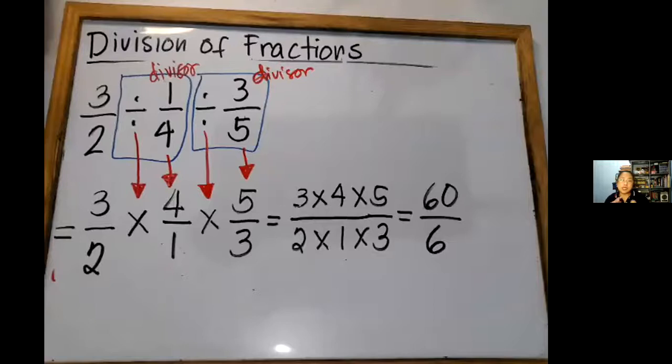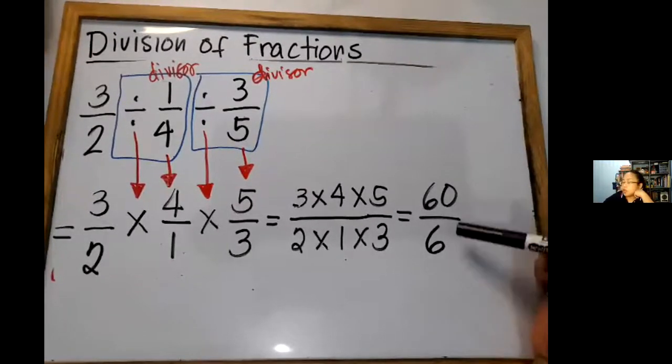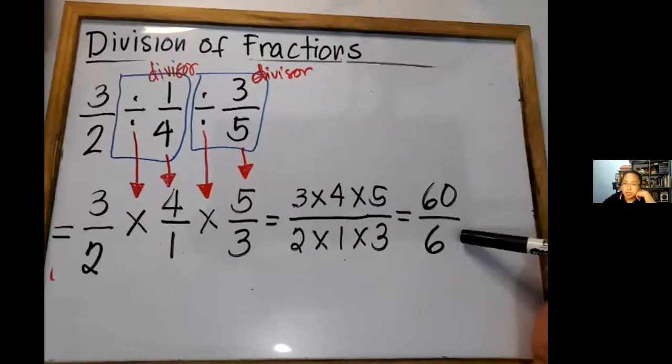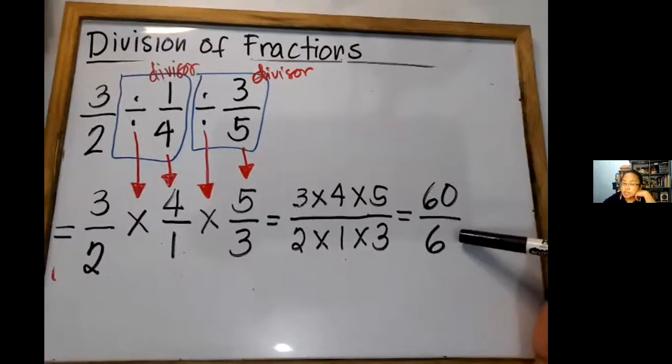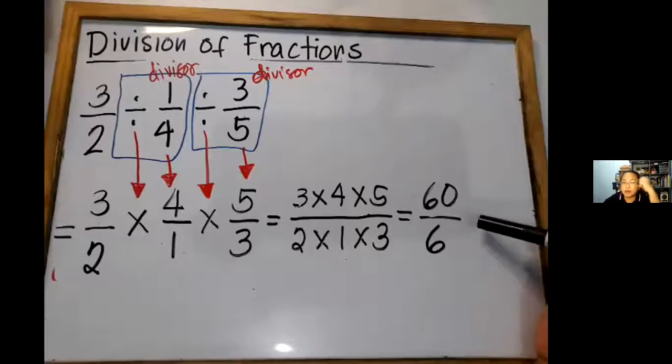Okay? Now, 60 and 6 are both divisible by the same number. Pwede siyang i-divide by 2. Pwede rin i-divide yan by 3. Pwede rin i-divide pareho by 6. Okay? Pero, kung titignan natin, since yung smaller number natin na 6, multiple ni 6, si 60. So, pwede na tayong mag-divide na lang. Okay?